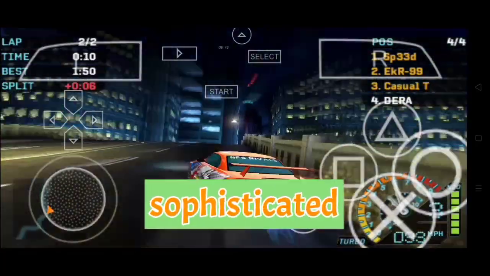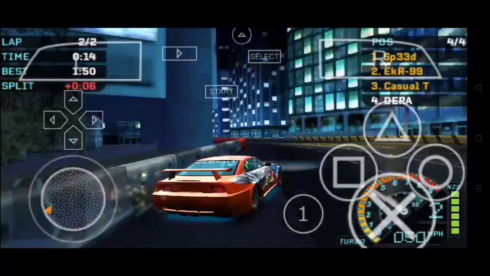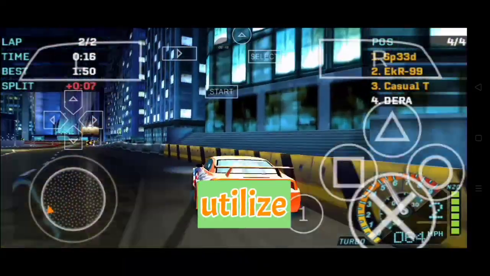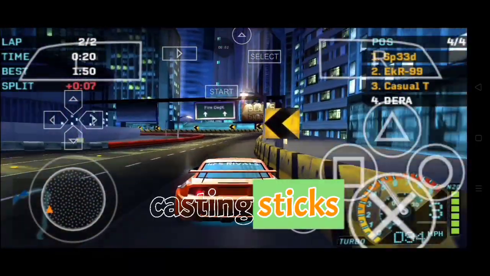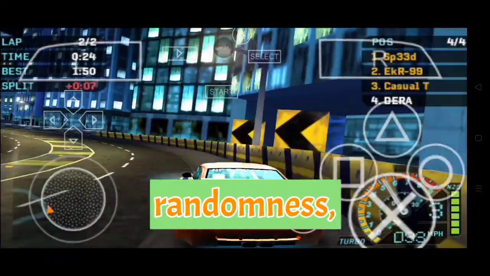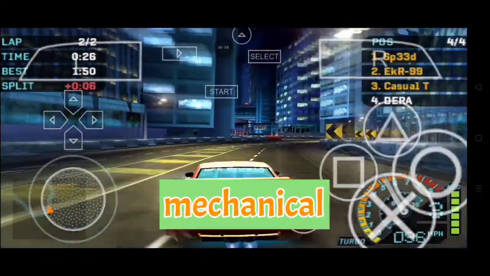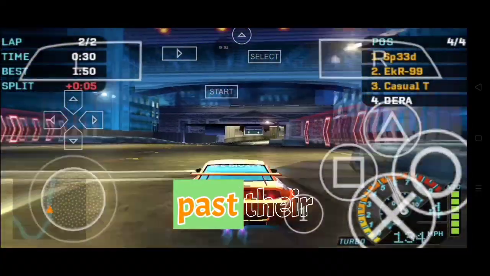They were highly sophisticated exercises in state tracking and probability management. These games utilized specialized casting sticks or multi-sided dice to inject controlled randomness, balanced by strict mechanical rules that allowed players to block, capture, or accelerate past their opponents.